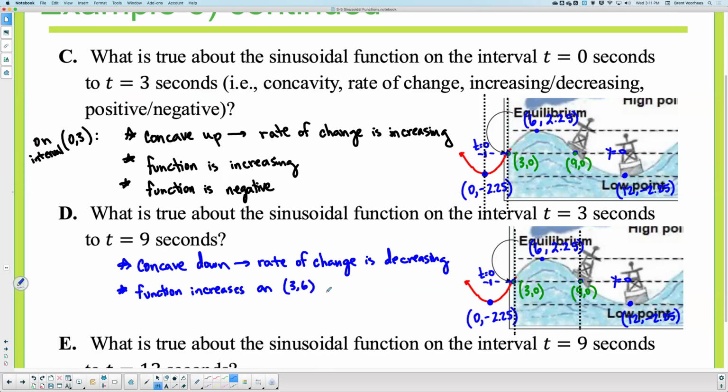Then it decreases on 6 to 9. And let's see what else. Is it positive or negative? It's positive. The function is positive. Now all this again is on the interval 3 to 9.